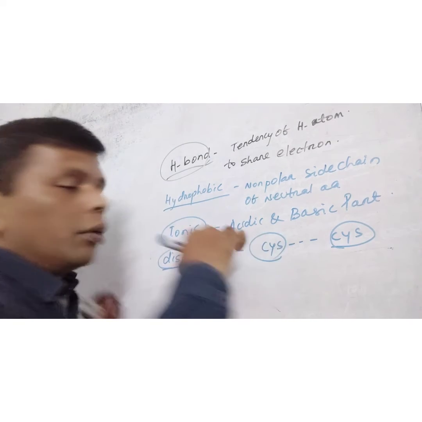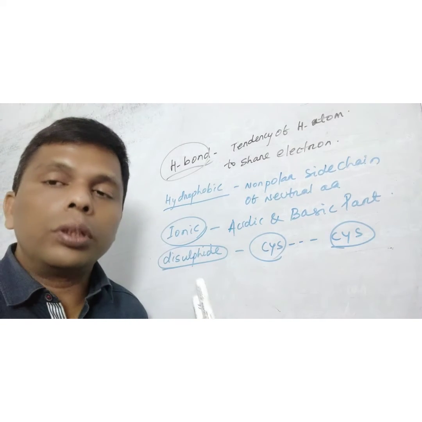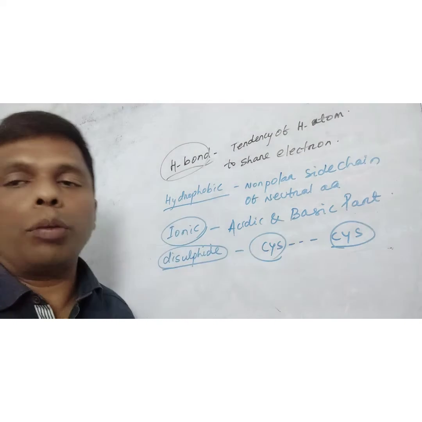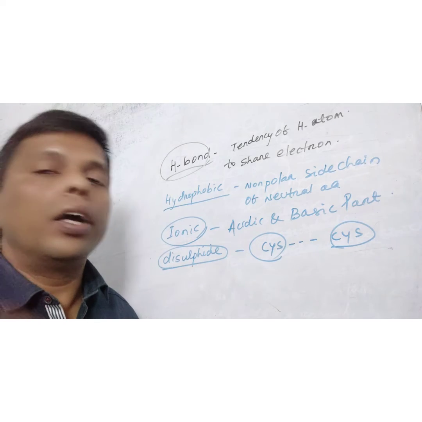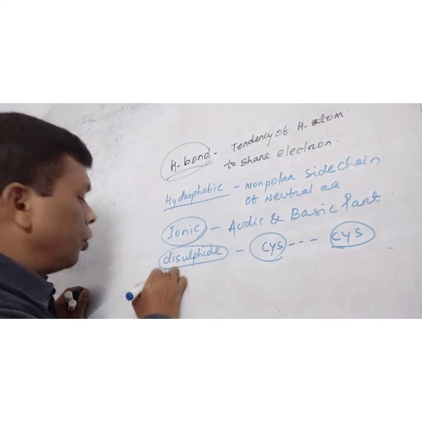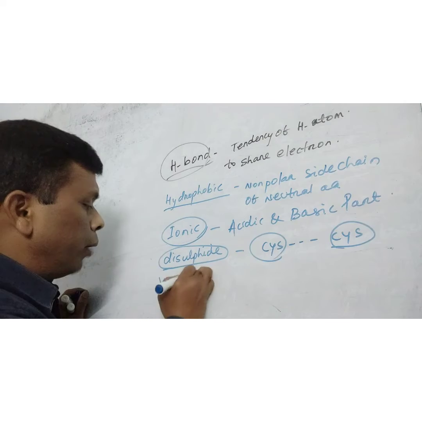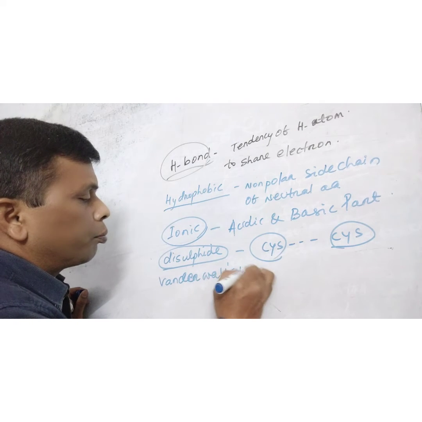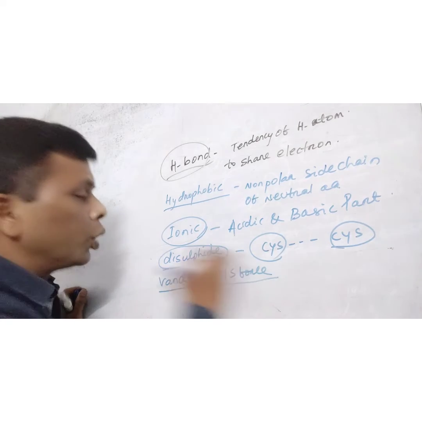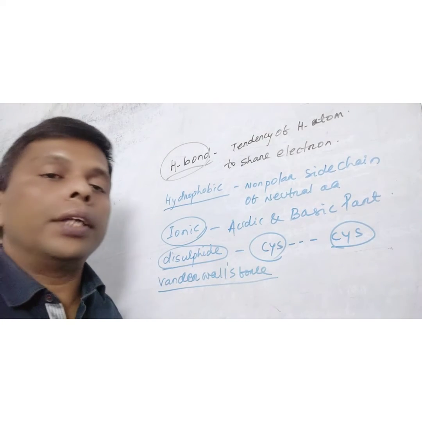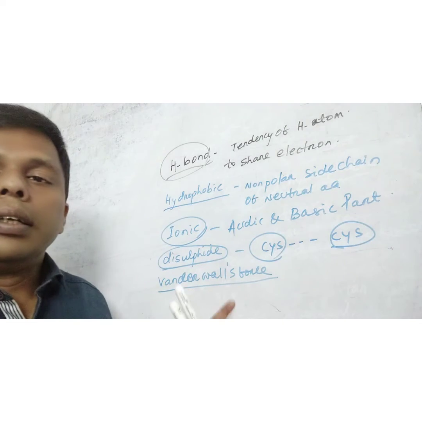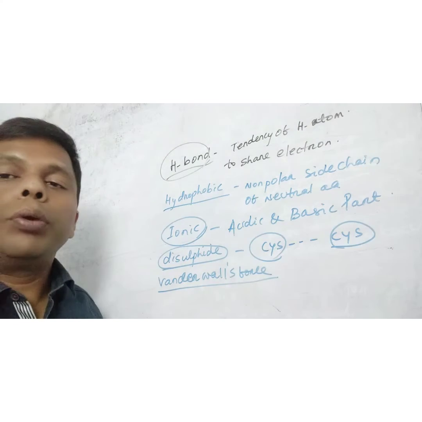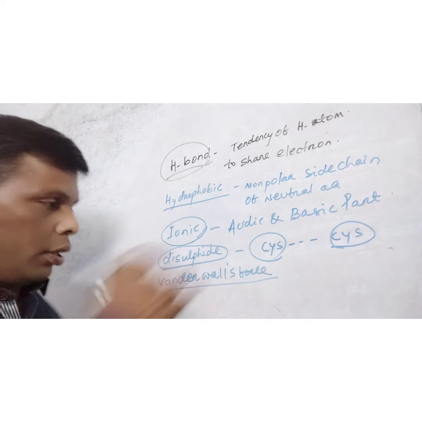The disulfide bond is formed between two non-adjacent cysteine residues. Then the ultimate attraction is van der Waals force. It also helps in stabilizing the structure. It is the electrostatic attraction between uncharged molecules.